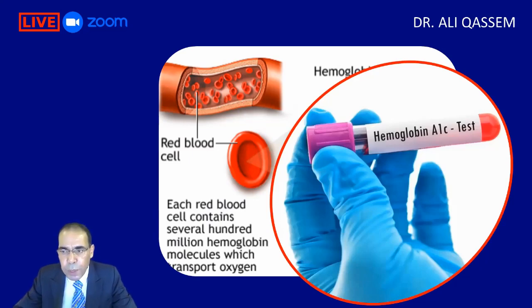Why do we call it the HbA1c test? Because we have hemoglobin A1A, A1B, and A1C. The sugar can stick to A1A and A1B also, but more to the A1C. That's why we call it HbA1c.